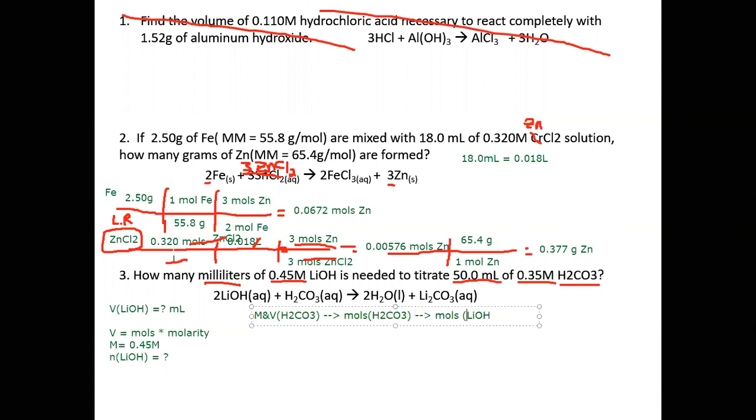Then once we find the moles of lithium hydroxide, we're going to determine the volume of lithium hydroxide needed. Set up my train track. So I'll start with volume. We have 50 milliliters. Again, 50 milliliters, we got to convert to liters.